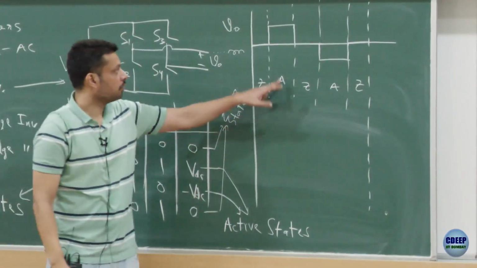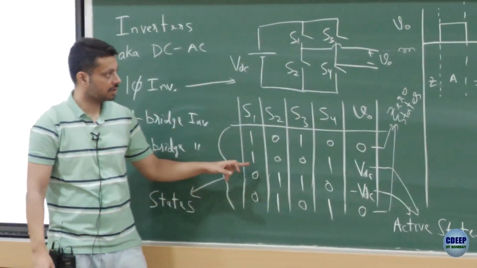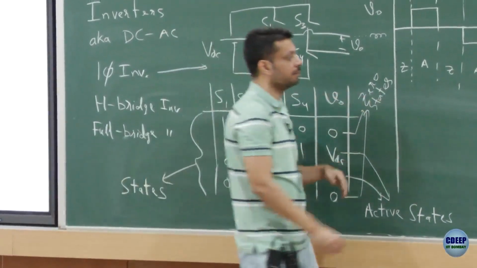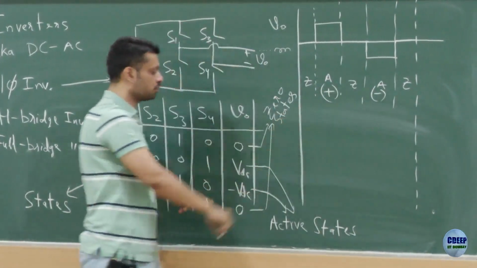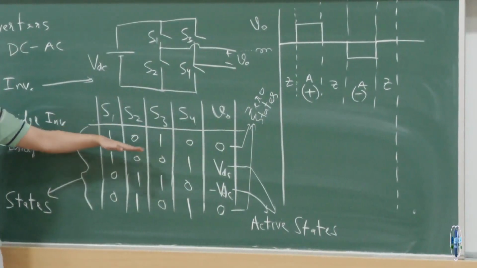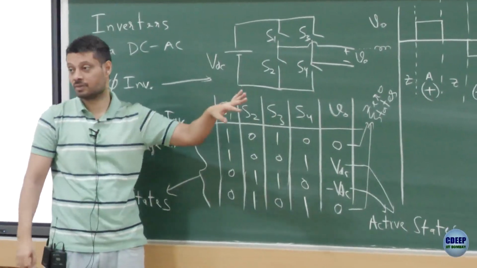You know how you can produce plus VDC, an active state, by using this switch combination. You know how to produce an active state with minus VDC. And for the zero states, you can either use the top one, or the bottom one, or sometimes the top one, sometimes the bottom one.